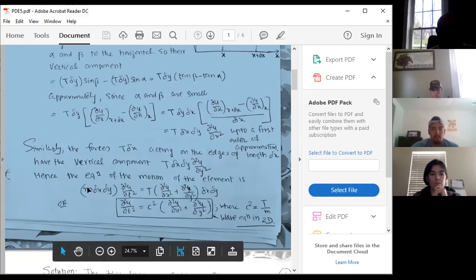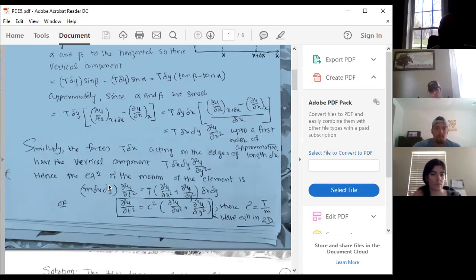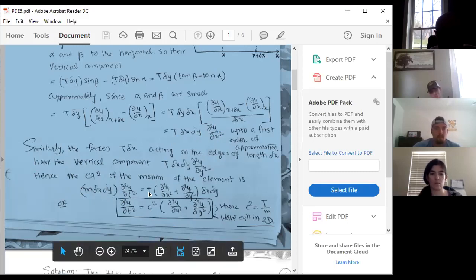And if you divide by m delta x delta y, you get just some constant c square, because a small change in x is a fixed number, a small change in y is a fixed number, mass is fixed, and tension is fixed. So these are all constants, and that's why I put one number equal to c square.